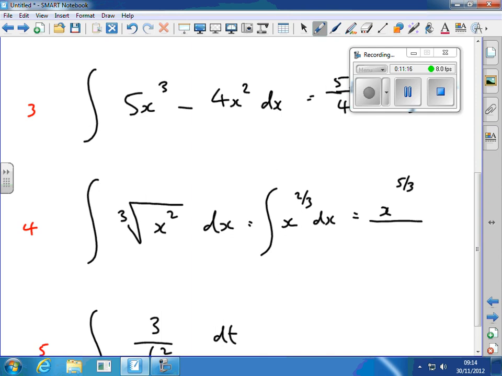And then we divide that by 5/3 and add c. Now, in examples like this, if you remember from last year, dividing by a fraction, you invert and multiply. So this becomes 3/5 of x to the 5 over 3 plus c. So that's something that often happens when we've got fractions. When you integrate, you've got to divide by the fraction, so then you invert that fraction and multiply. And you always do that.